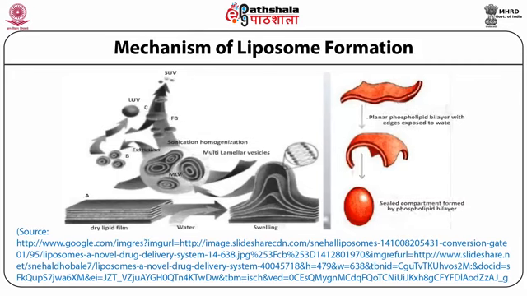When we apply some energy like sonication, these large multilamellar vesicles are transformed to large unilamellar or small unilamellar vesicles. While when these multilamellar large liposomes go through the extrusion mechanism, they give very small, uniform-shaped, small unilamellar liposomes as in B.